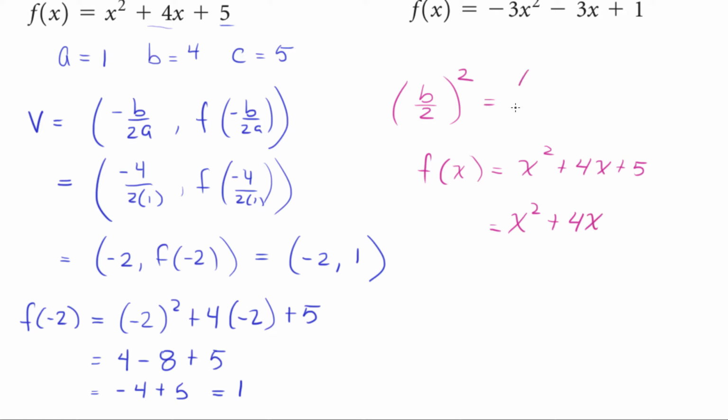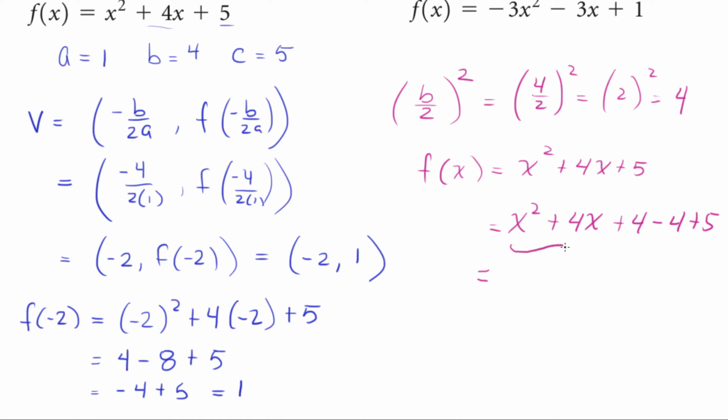Now, let's plug it in. 4 over 2 squared equals 2 squared, which is 4. So we're adding 4, subtracting 4, and then plus 5. Now the reason we add 4 and subtract 4 is to get 0, right? We don't want to change my function.